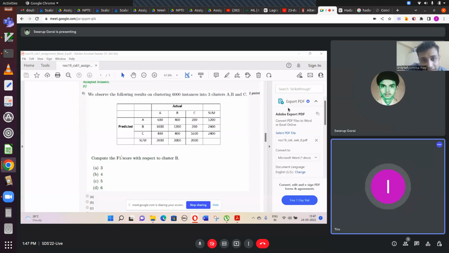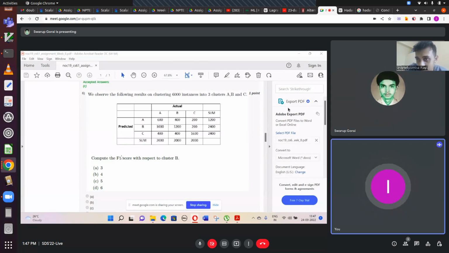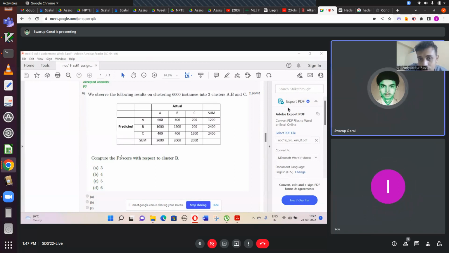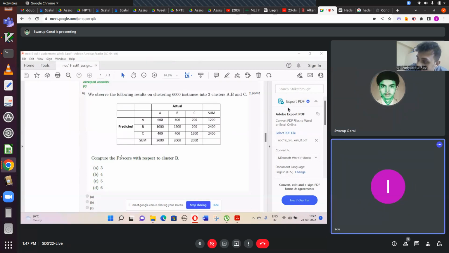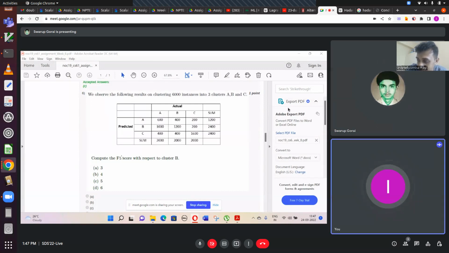You are saying that anything that is assigned B is positive, anything that is not assigned B is deemed negative with respect to B. So they have been falsely classified as negative and hence put in A and C, right? False negative. So what is the value of false negative? 400. 800. Yes, 800. Okay. So TP equals 1200, FN equals 800. Please write it down. So you are convinced till now, right? TP and FN. Now, what is the formula for recall?